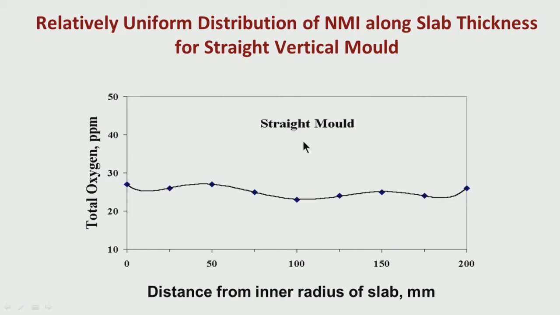For a straight mold we find that the distribution of total oxygen, that means the distribution of oxide inclusions, is not that bad, it is more or less uniform across the thickness of the slab. This is say the top portion, this is the bottom portion. This is the inner radius, this is the outer radius of the slab.